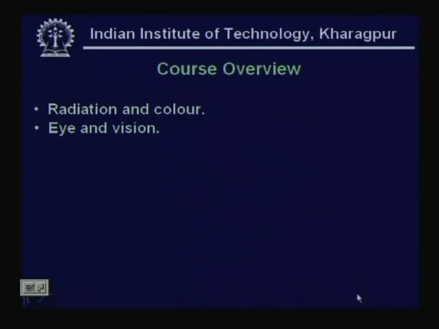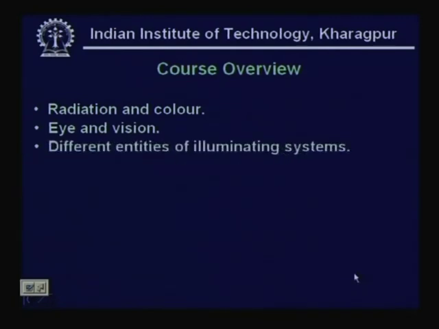There is a chapter on eye and vision, followed by different entities of an illuminating system. There are various components that form an illumination system. Therefore, one looks at the entities that comprise an illumination system.